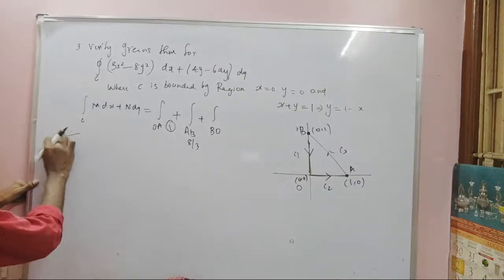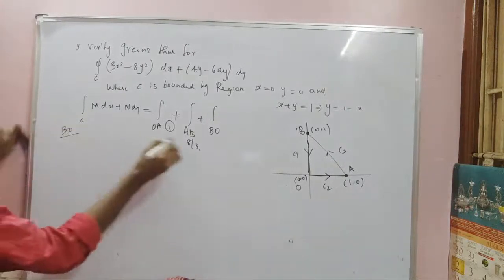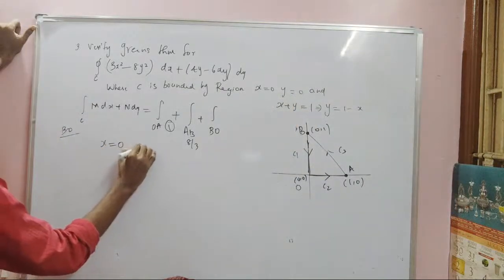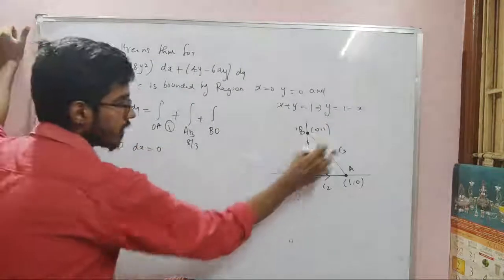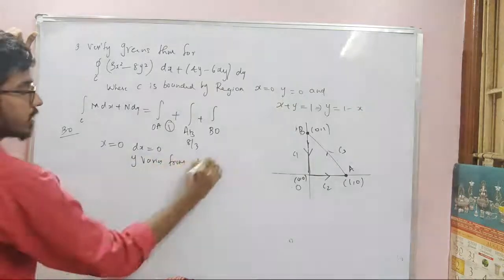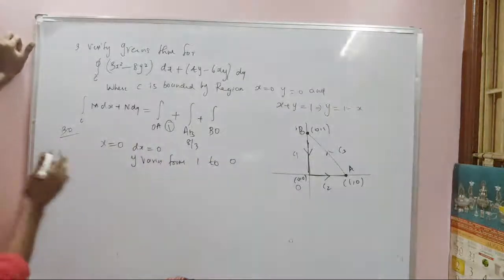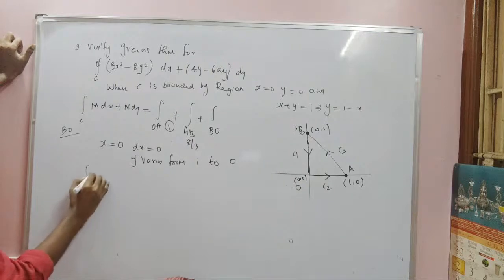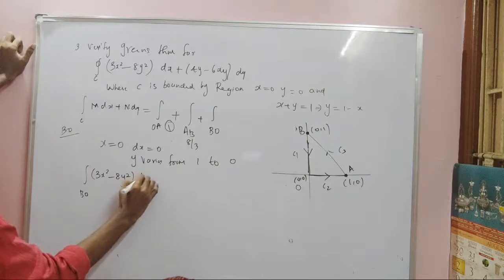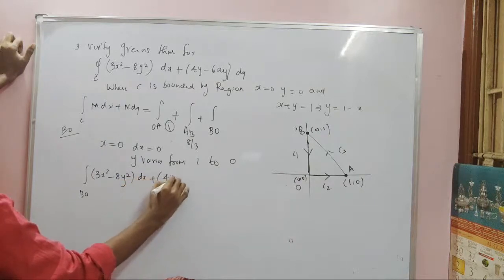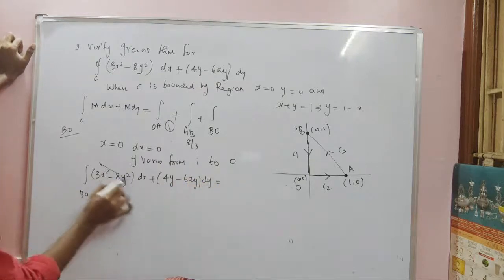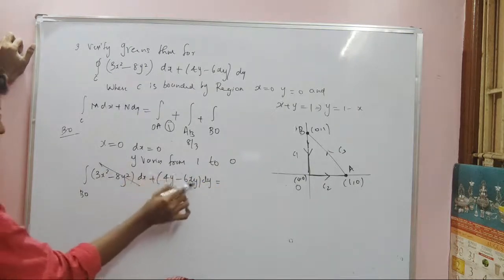Now for BO, you can see x is equal to 0, that means dx is equal to 0, and y varies from 1 to 0. So the integral over BO of 3x square minus 8y square dx plus 4y minus 6xy dy: since dx is 0, this term will be 0, and since x is 0, the other term will be 0.